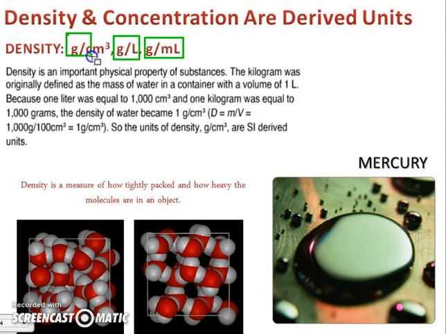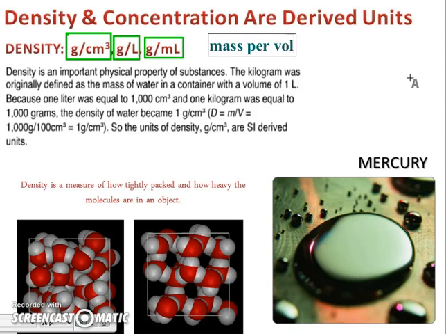However, because the cubic centimeter is really the original version of a volume, we do also have grams per cubic centimeter. And what we're expressing when we write that slash is really measuring a mass per volume. So that's the technique that's being used there.